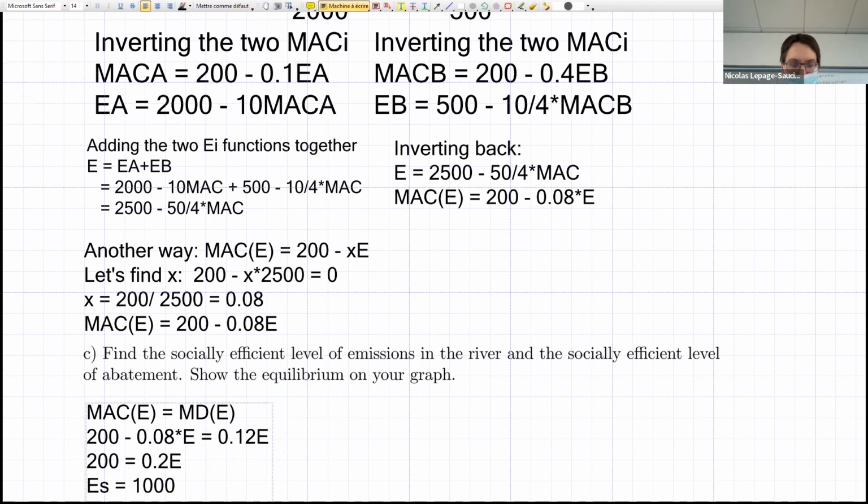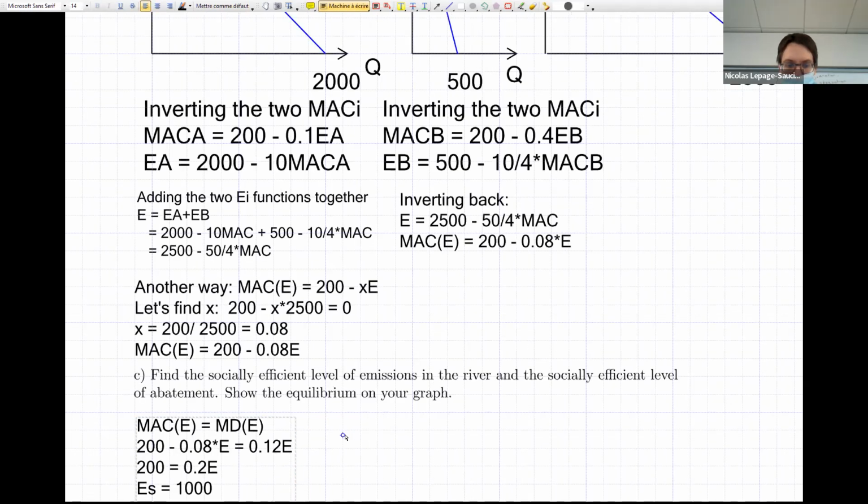Yes, for social. And am I at the bottom of my page? Yes. So then just substitute it in one or the other.